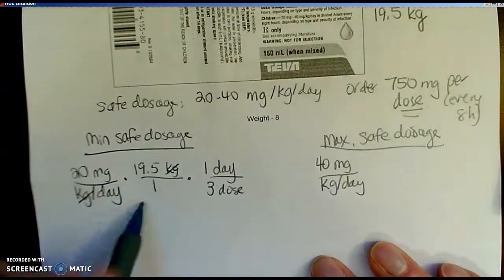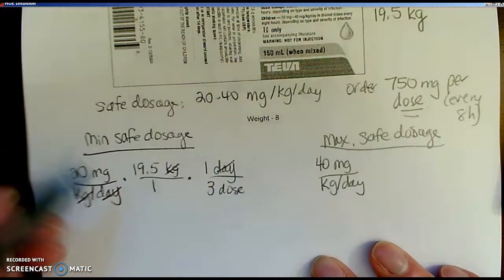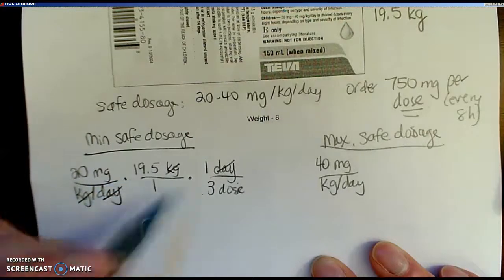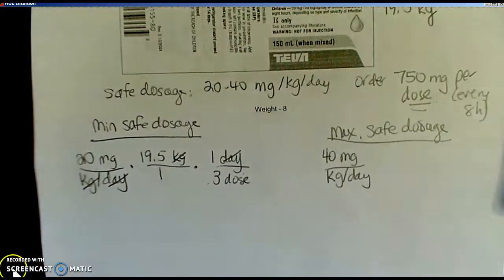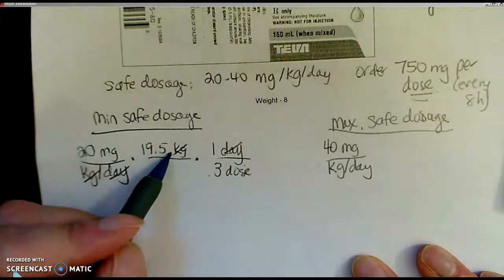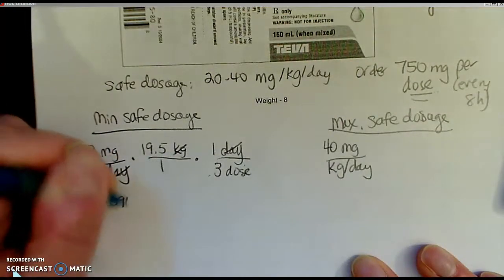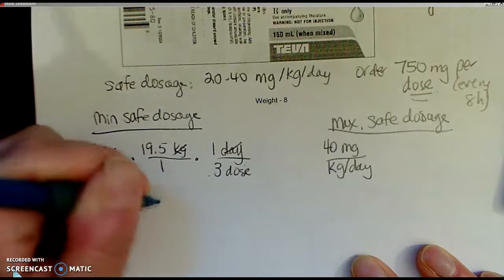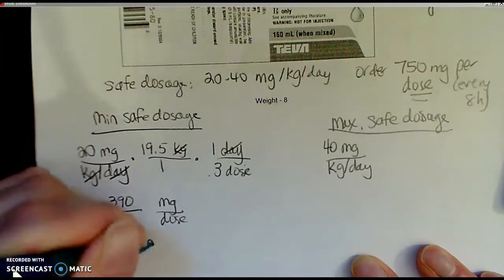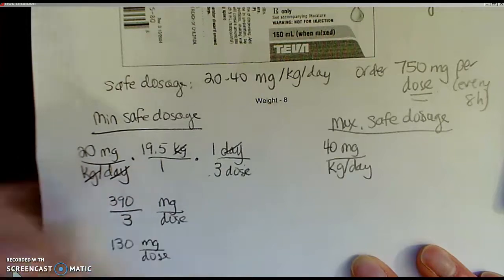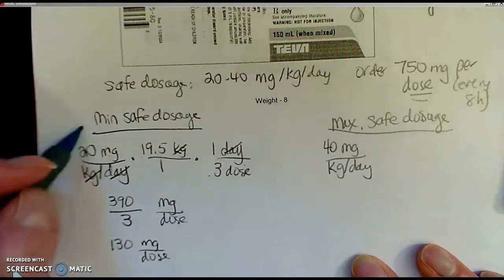Now the days cancel, and we're left with milligrams per dose. Now we're just going to do the arithmetic. 20 times 19.5 is 390, over 3, and that's going to be 130 milligrams per dose. That's our minimum safe dosage.